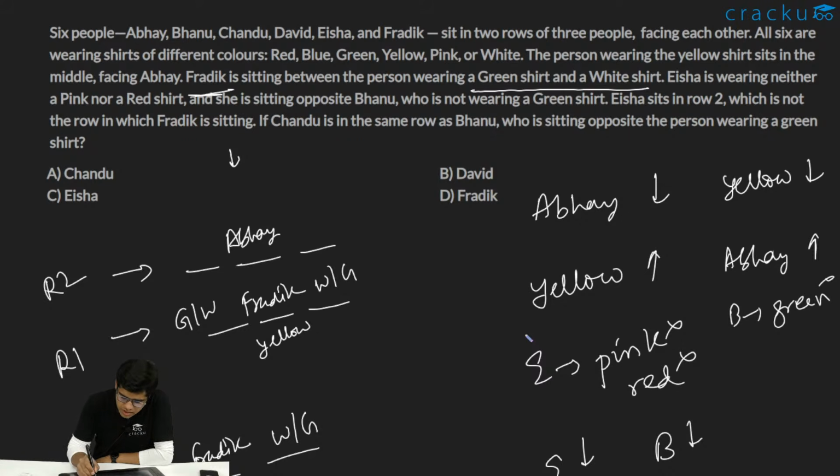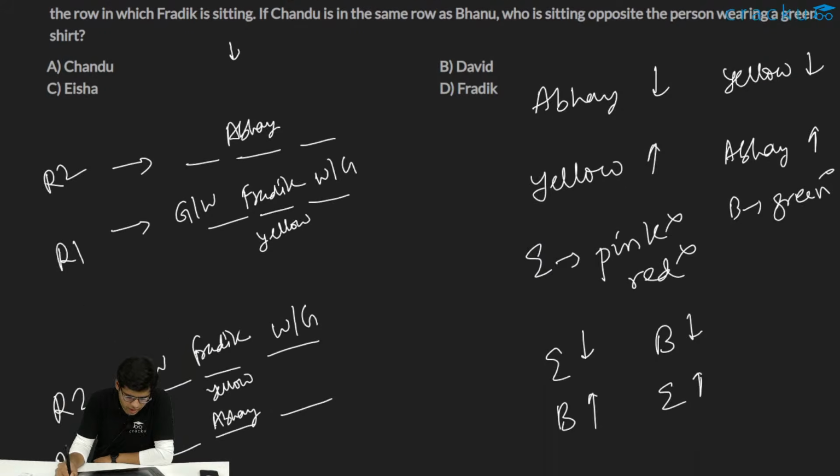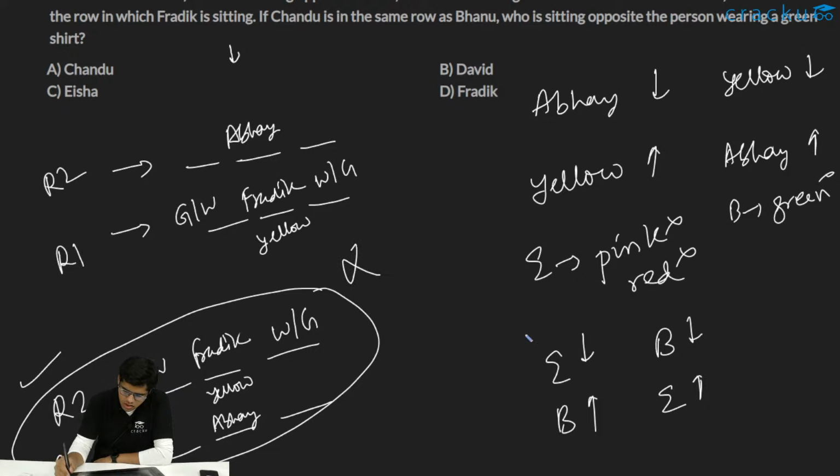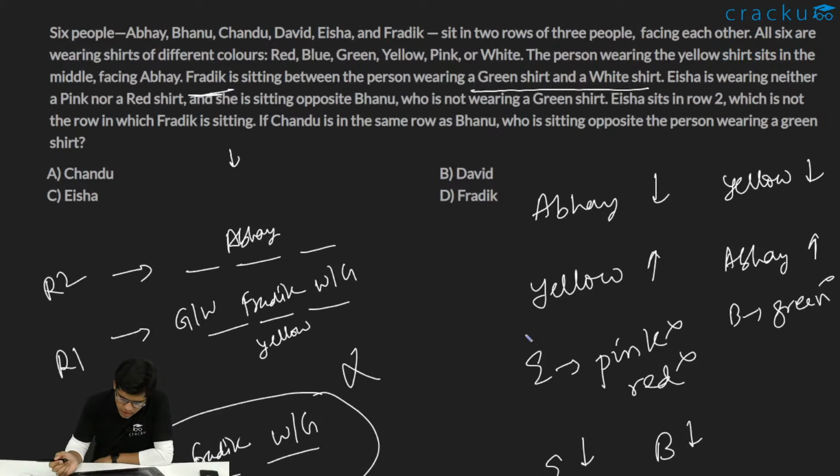Now Aisha sits in row 2, which is not the row in which Frederick is sitting. Now in this case, I have mentioned Frederick is sitting in row 2, means this is wrong. So the case will be this, and I can say that Aisha is sitting in the row in which Frederick is not sitting. I can make a case where Aisha is sitting here, right?